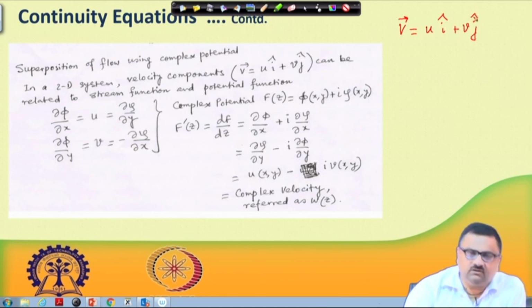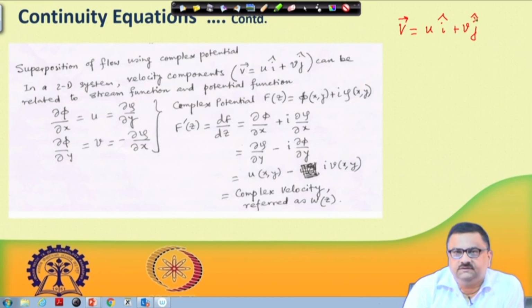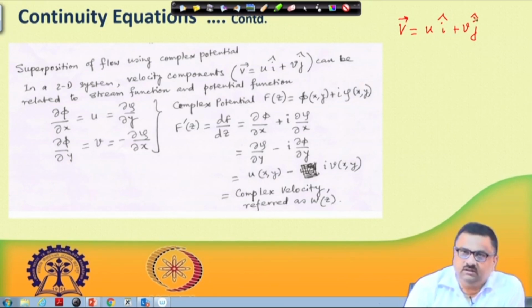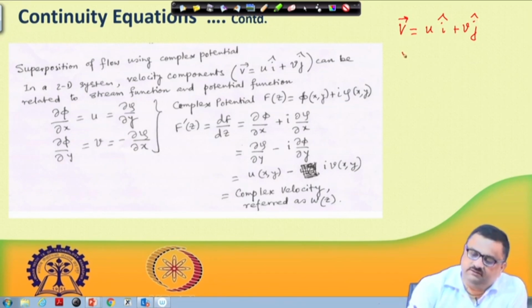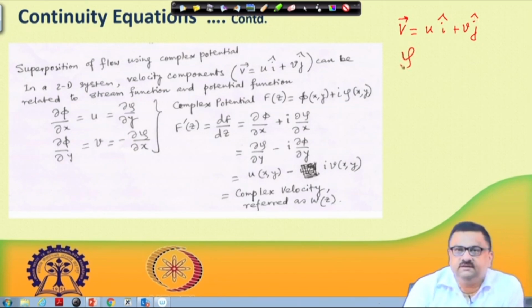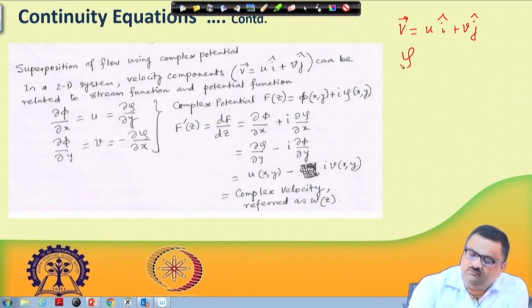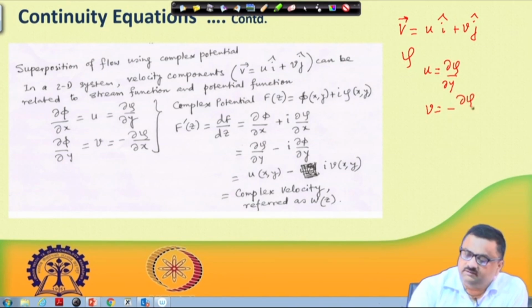Let us say we are focusing on a two-dimensional velocity field, so it is u i hat plus v j hat. Now, the stream function which we are calling psi is defined such that u is equal to del psi del y and v is equal to minus del psi del x.